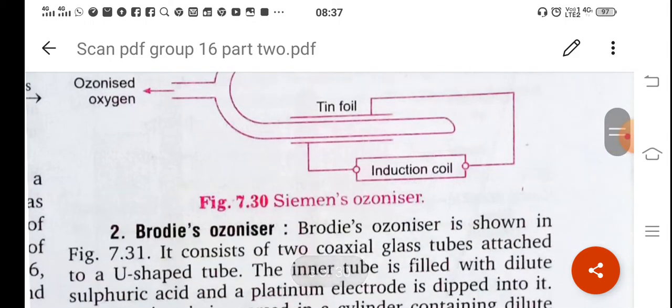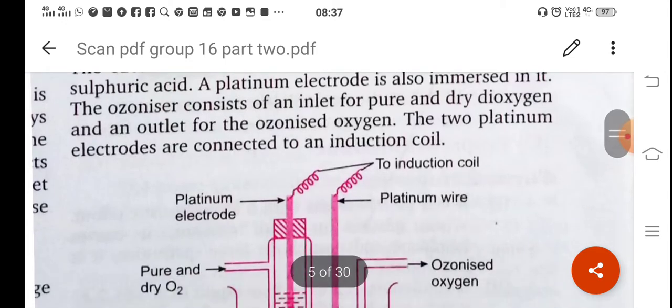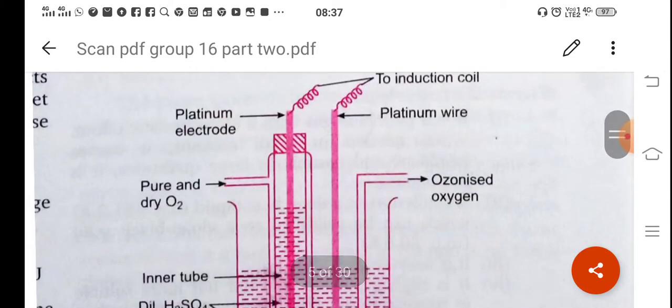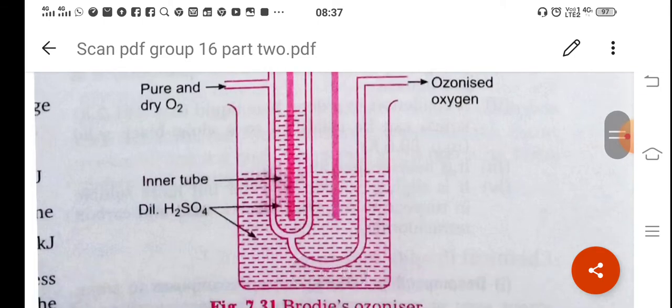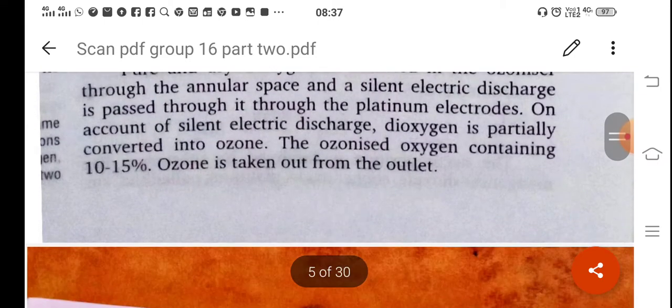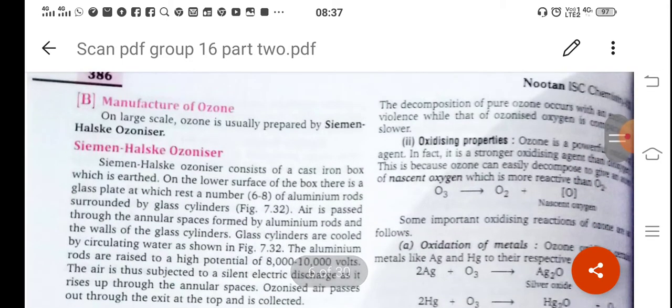Another method is Brodie's ozonizer, which has the same apparatus, but here pure dry oxygen is used, and in an elaborate form a large amount of ozone is formed. Then coming to the manufacture of ozone by the Siemens-Halske ozonizer, it is the third process in which air is passed through the space between aluminium rods and the walls of glass cylinders.